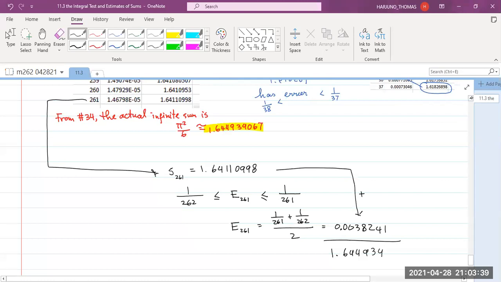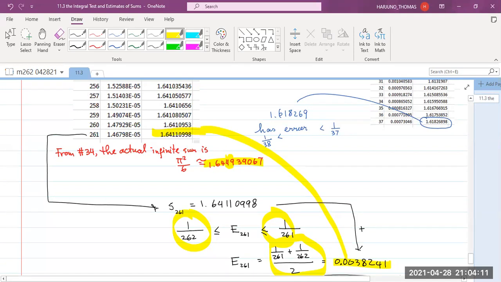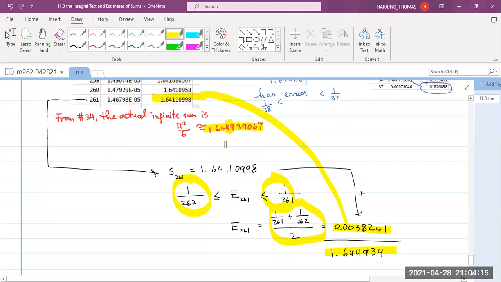In other words, if you add only up to 261 and you stop there, your error is still pretty far, 0.004 something, 0.003 something. But when you do the error analysis, get the midpoint of the upper and lower bound of the error, and you add that to this number, notice that you are now accurate to 6 decimal places.